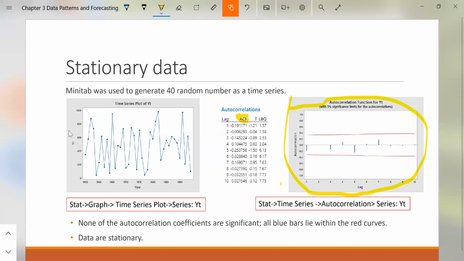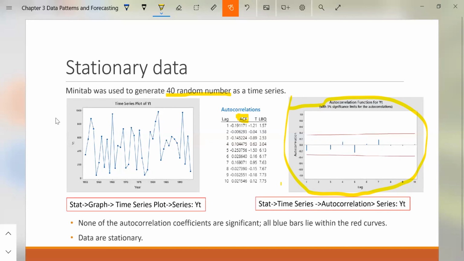All right, so here is the first example, and we did it on purpose. We used Minitab to generate 40 random numbers, and we know they are random, so we don't expect any pattern. We don't expect trend or seasonality, cyclical, anything other than just randomness.